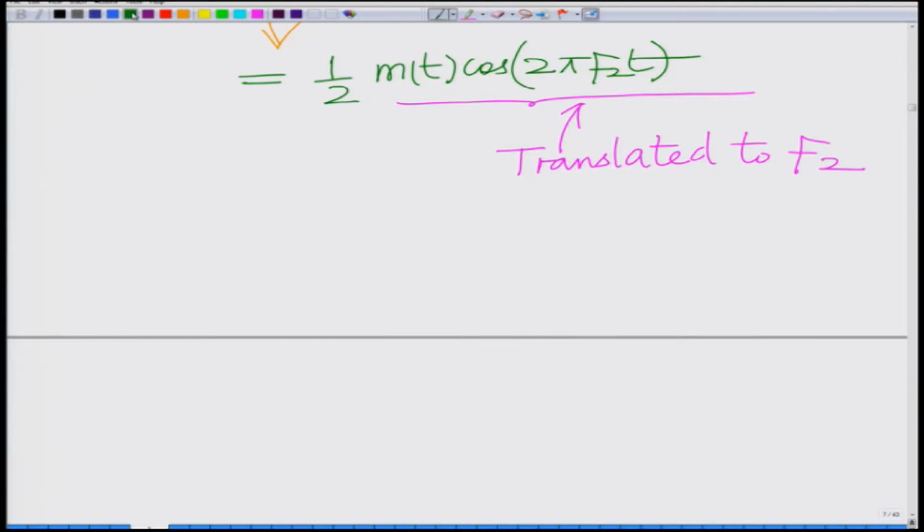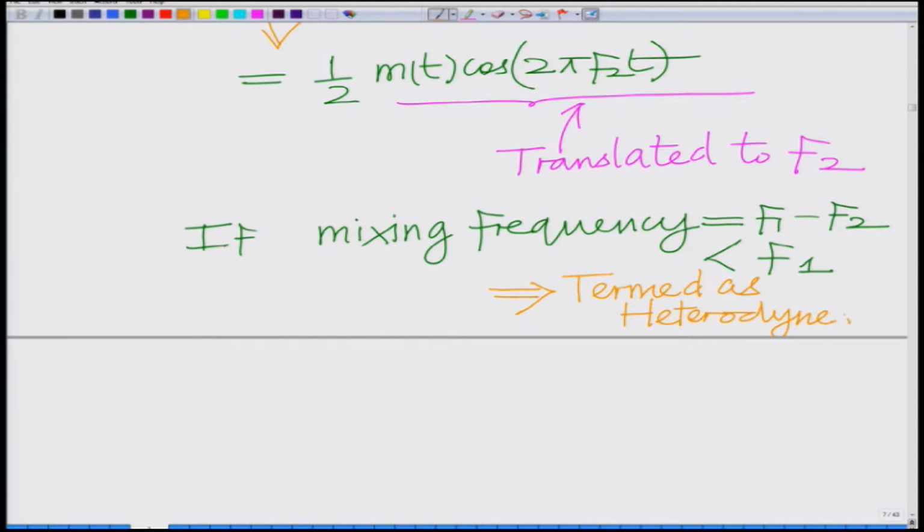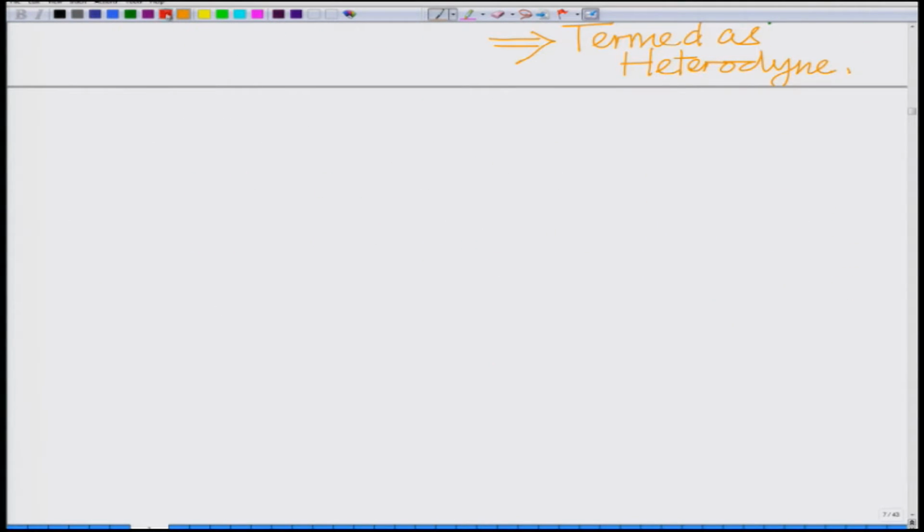So, if the mixing frequency equals f1 minus f2, which is lower than f1, this is termed as a heterodyne.